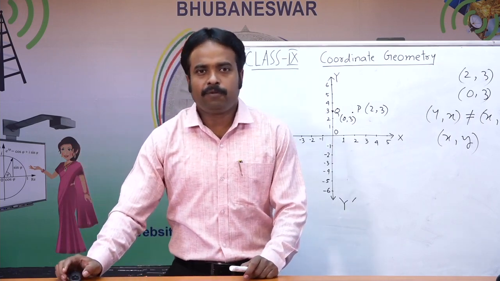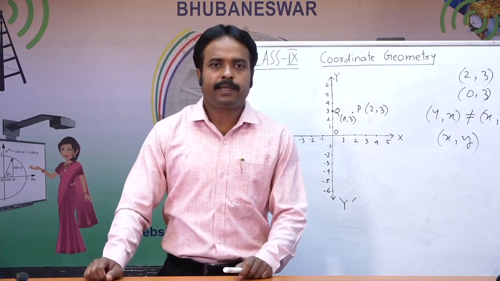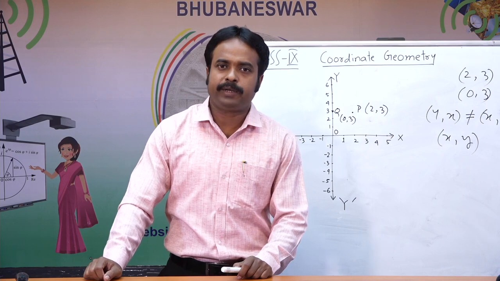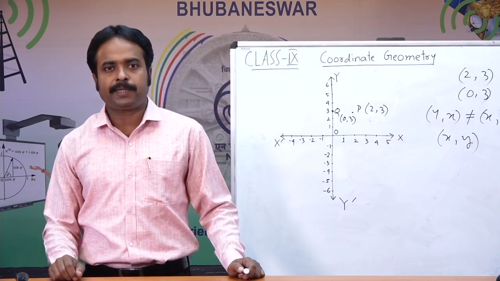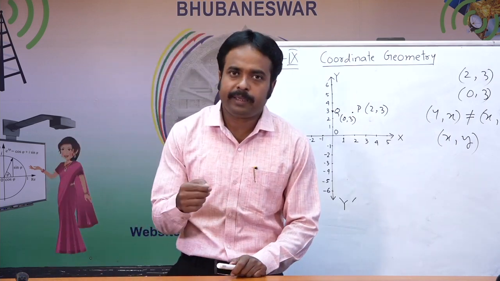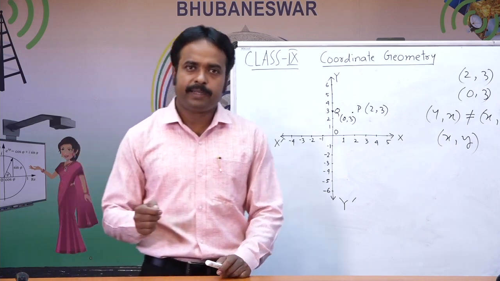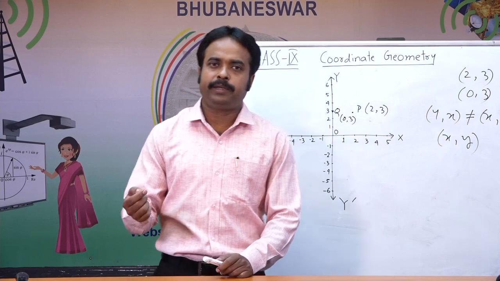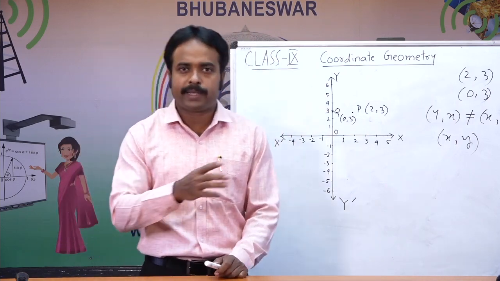Children, if you were given a point on the coordinate plane, can you find the coordinates of the reflection of the point about any of the axes? So, if I give you any point, can you find the reflection of that point with respect to the x-axis or the y-axis?